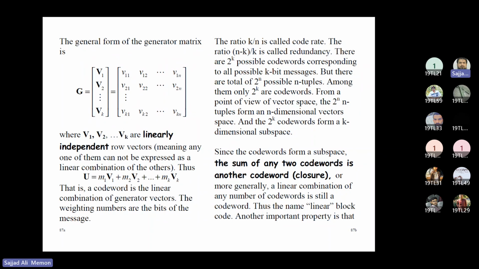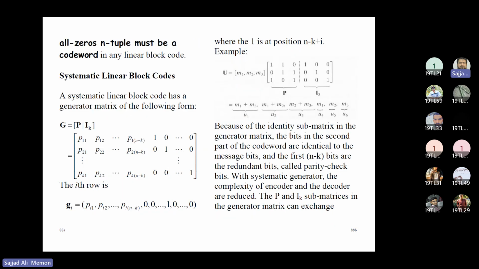Since the code words form a subspace, the sum of any two code words is another code word, that is a closure property, or more generally, a linear combination of any number of code words is still a code word. Thus, the name linear block code. Another important property is that the all-zeros n-tuple must be a code word in any linear block code.